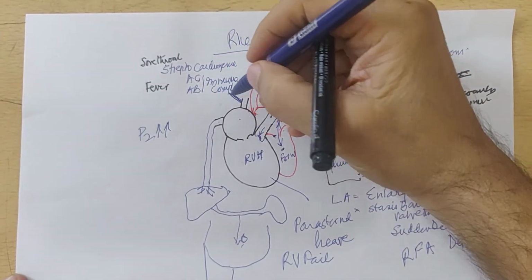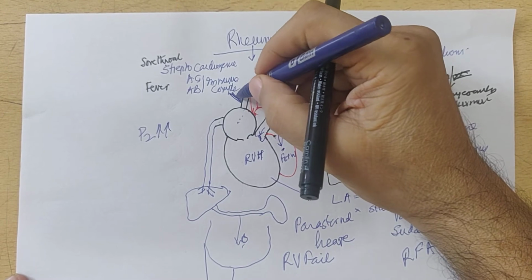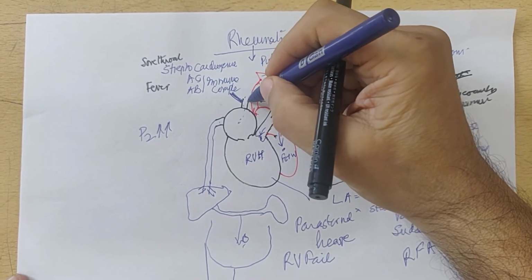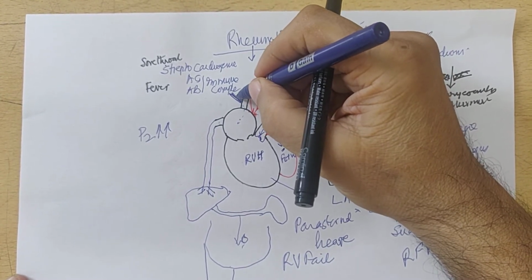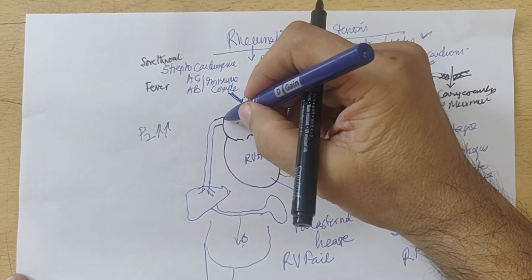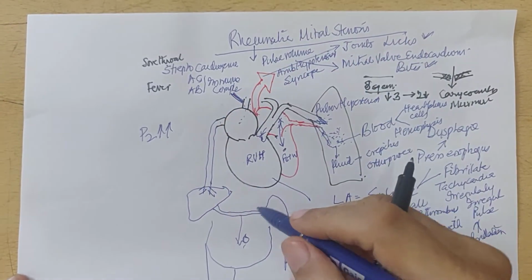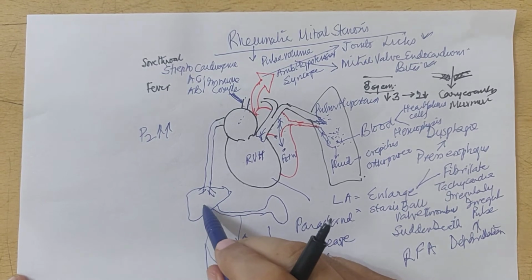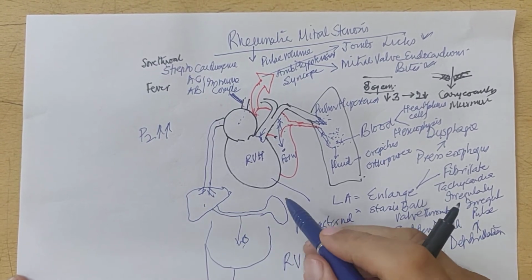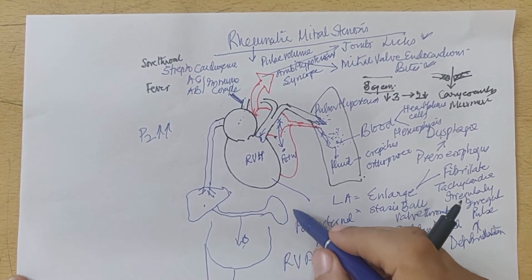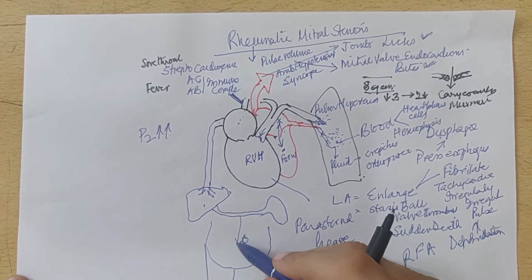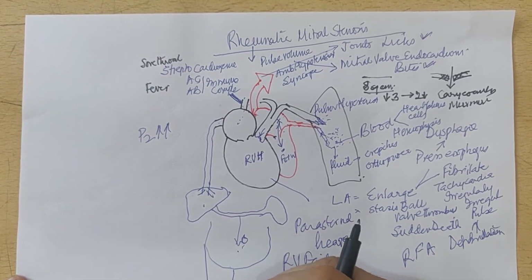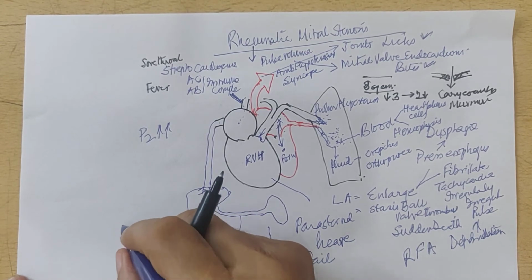Then this right ventricle will fail. And as the right ventricle fails, you would be able to see neck veins because of the superior vena cava and the jugular veins draining into it. In the inferior vena cava system, you will see hepatomegaly, congested tender liver, splenomegaly, ascites, and pedal edema.